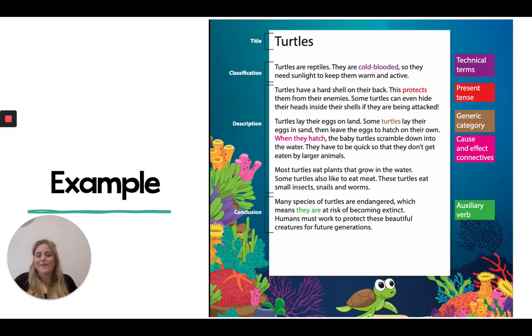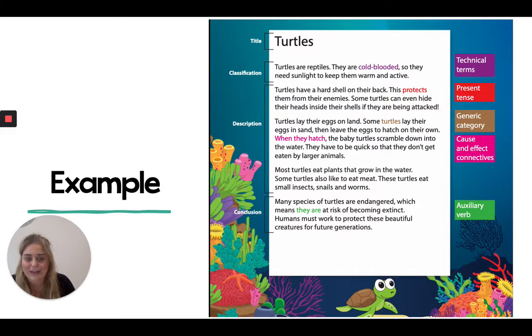So turtles have a hard shell on their back, and it protects them from their enemies. Some turtles can even hide their heads inside their shells if they are being attacked. Turtles lay their eggs on land. Some turtles lay their eggs in sand, then they leave their eggs to hatch on their own. When they hatch, the baby turtles scramble down to the water. They have to be quick so they don't get eaten by larger animals.